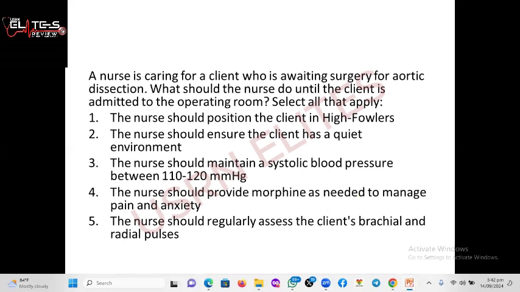Please, I'll go for 2, 3, 4, 5. I'll take one out because you mentioned earlier that we should maintain the patient at 45 degrees, the head of the bed, because you want to limit pressure on the aneurysm to prevent rupture.